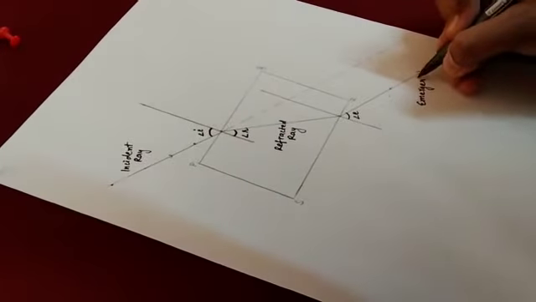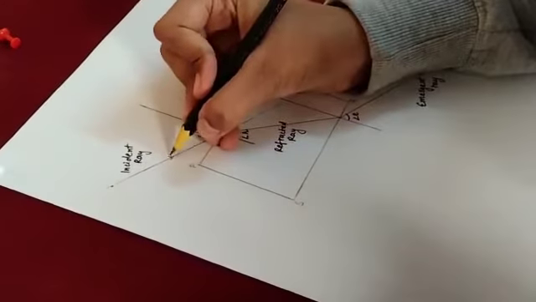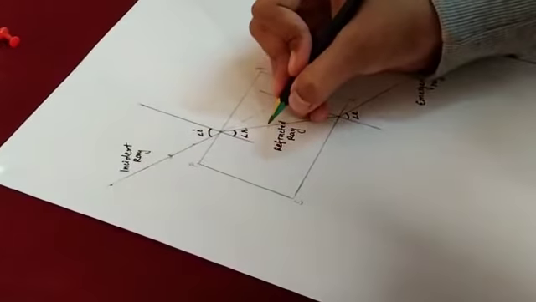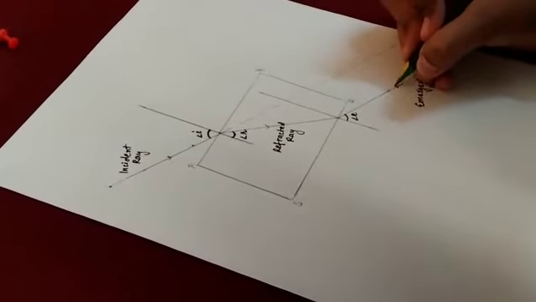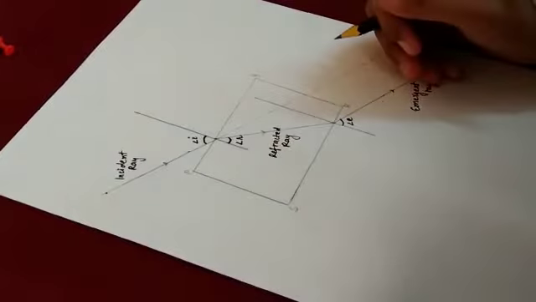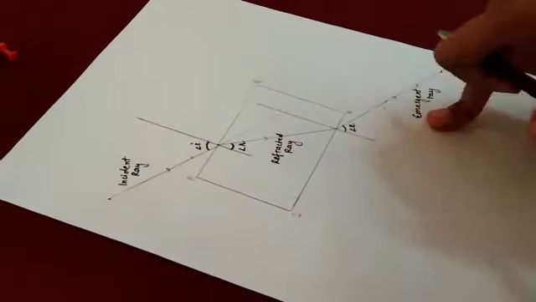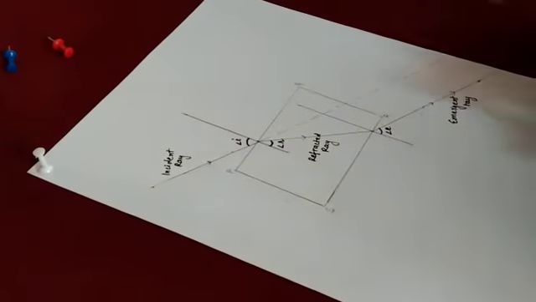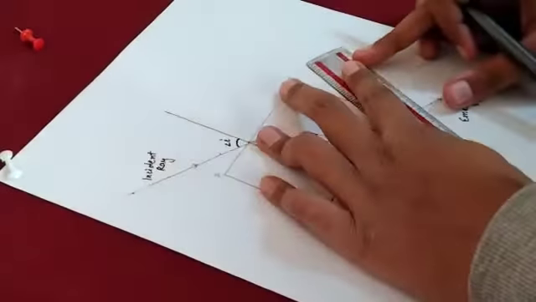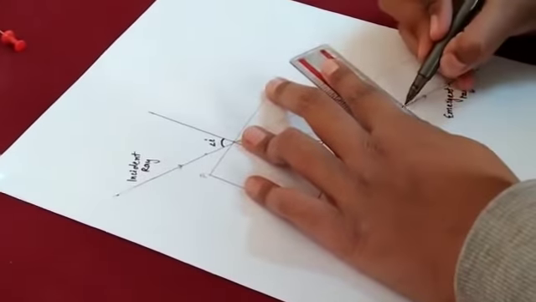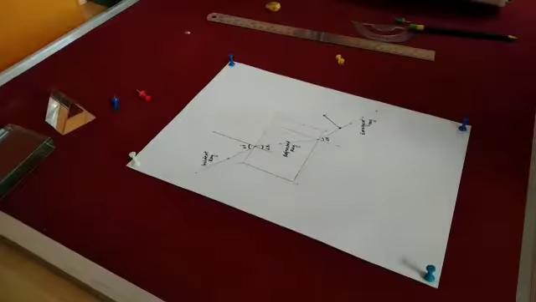Emergent ray. Also, I'll mark these arrows which indicate that it is entering from an optically rarer to denser medium and again from denser to rarer. Now the perpendicular distance between these two rays is known as lateral shift or lateral displacement.